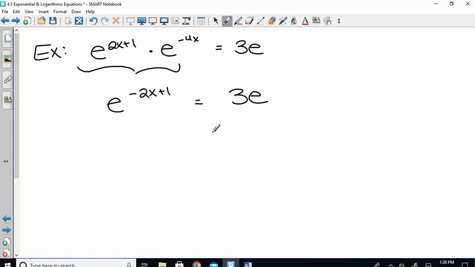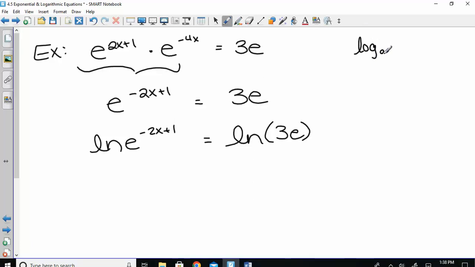Then what do we have to do? Add a log. This is the one scenario where a natural log might be beneficial, and here's why. Remember the property: log base A of A to the R power just equals R, because the log and the exponential are inverses.